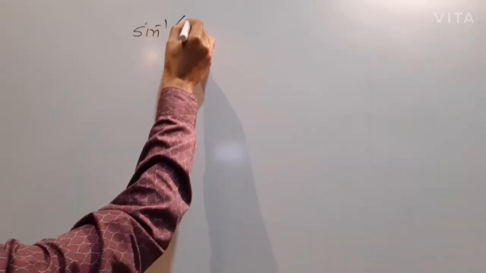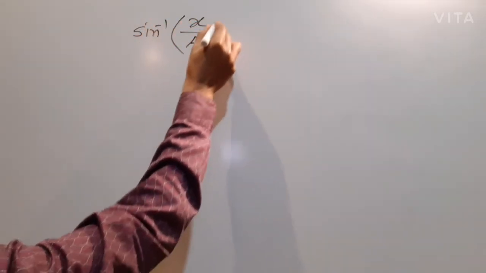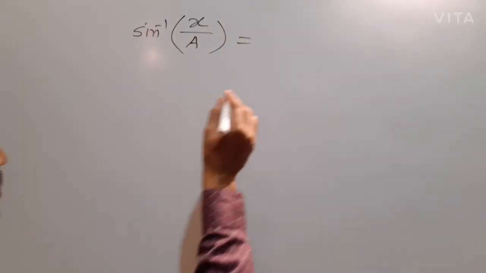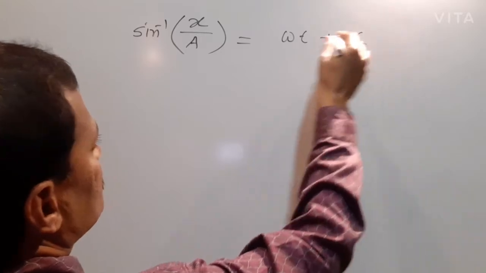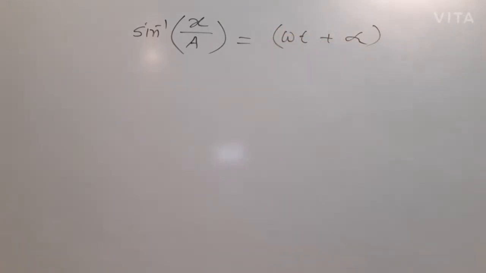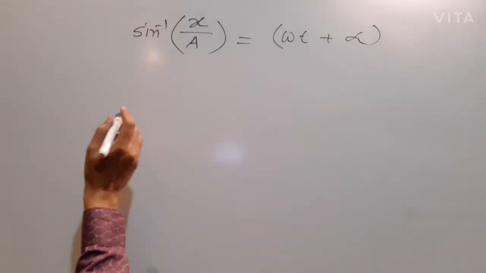sine inverse of x divided by capital A is equal to omega into t plus alpha, where alpha is the constant of integration.